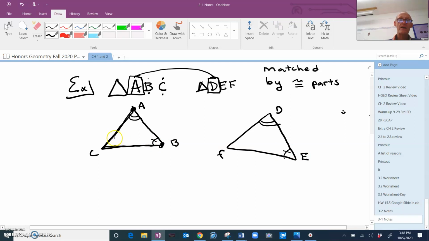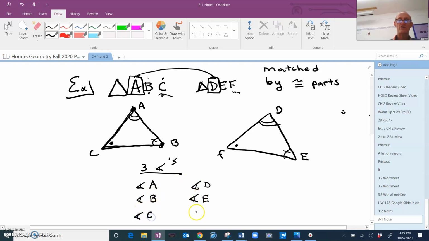So the third angle is angle C and angle F. Now, the three angles then would be angle A, angle D, angle B, and angle E. They match up.